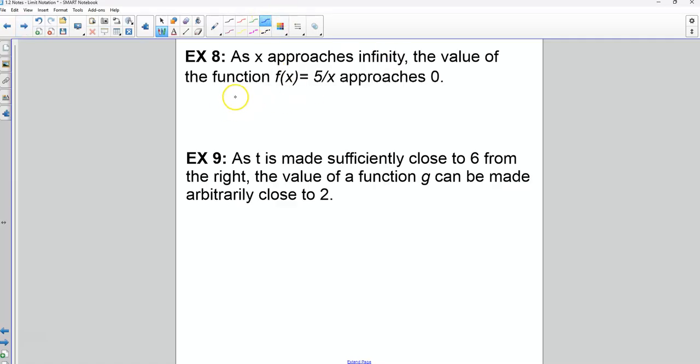So I know it's going to be a limit. X approaches infinity. I'm still just going to call it f of x. And in this case, it tells us that that approaches 0. So that's your answer. That equals 0. This one also has an answer there. If you have an extra leftover number you haven't used, it's probably the answer there.